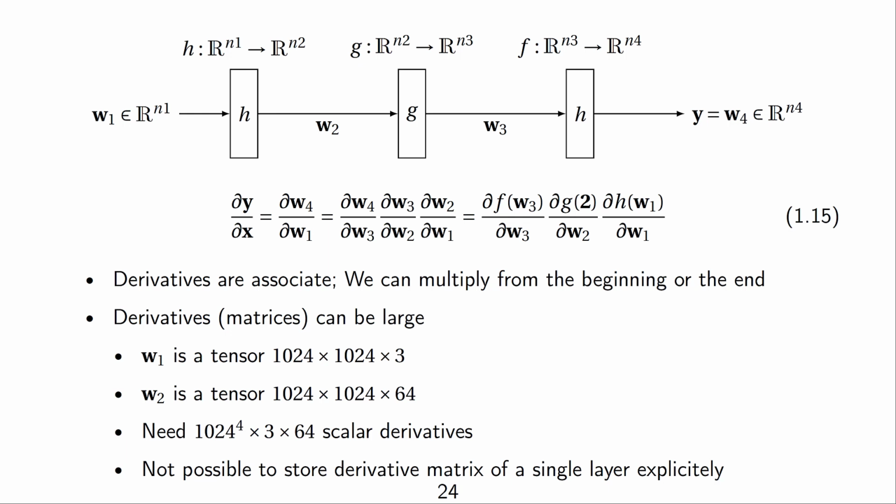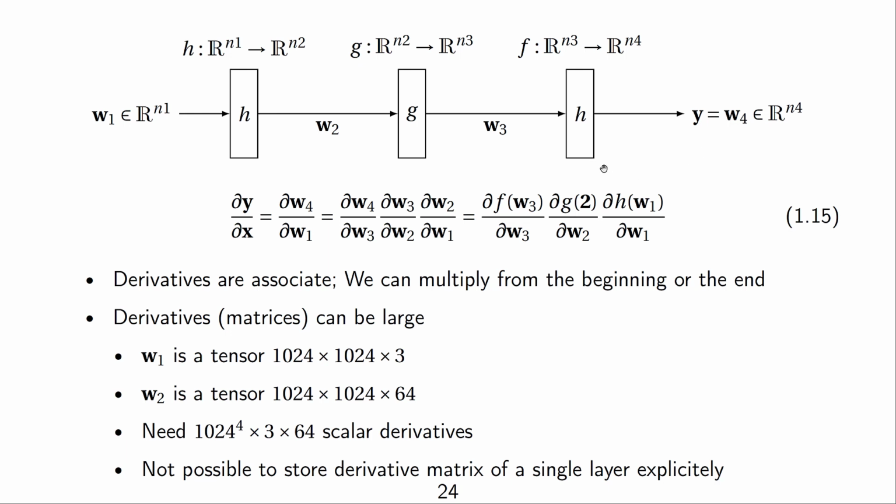Because we will look at these partial derivatives, so we will look at dy with respect to d3 first, and then dy, d2, dy, d1. And all of these are blocks that have inputs that can be whatever, but the output will always be a scalar, and therefore these derivatives will have manageable size.